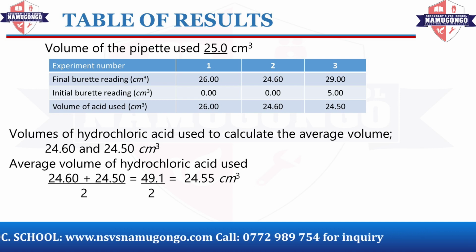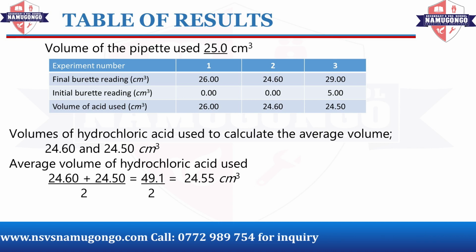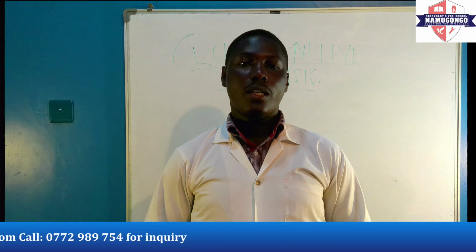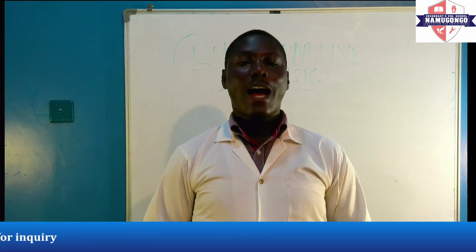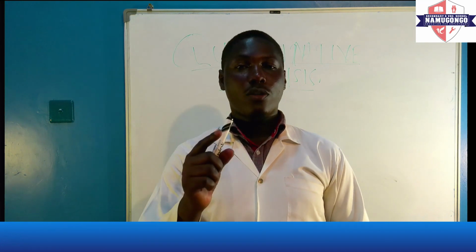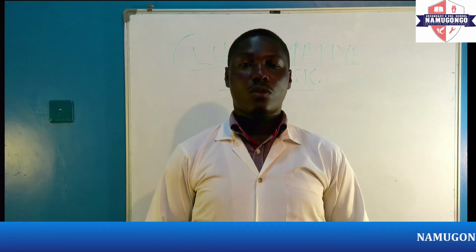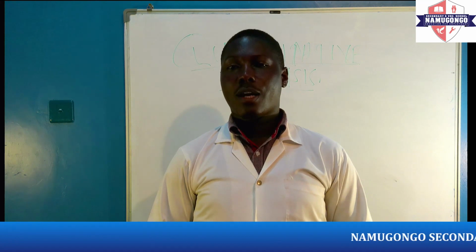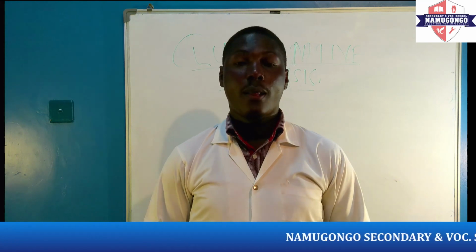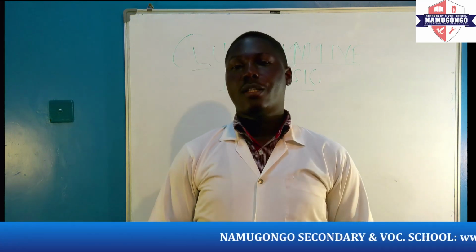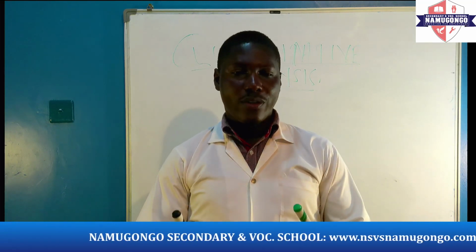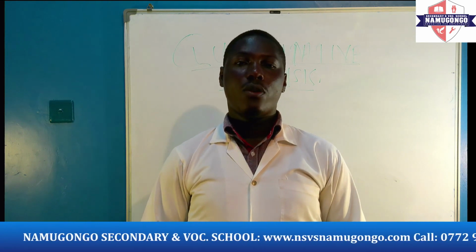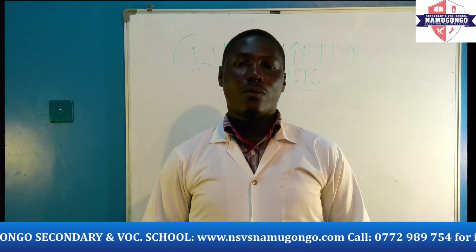Today we are going to deal mainly with calculations, how we treat the results obtained to come up with a concentration of the unknown, because we had one solution whose concentration was known, that was hydrochloric acid, 0.01 molar, and we had sodium hydroxide whose concentration was not known. Therefore, how do we deal with the results we got in the table to come up with the results?